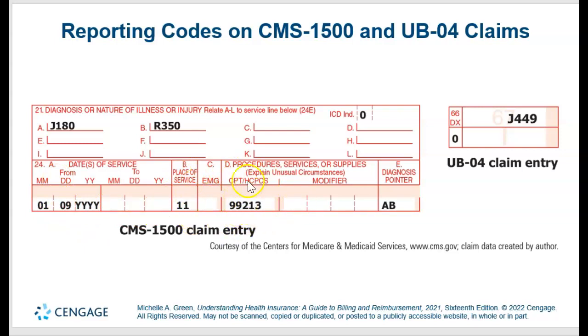This comes out of the CPT book. And then the diagnosis pointer. So they're saying for this procedure or this evaluation that the patient came in for to see the doctor, that A and B, this diagnosis and this diagnosis were utilized. And this is, I think, bronchitis, and this is a symptom code.